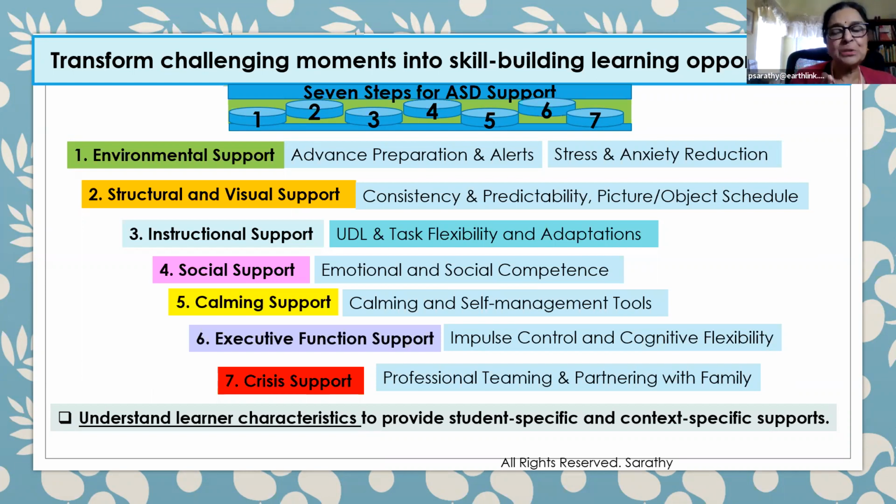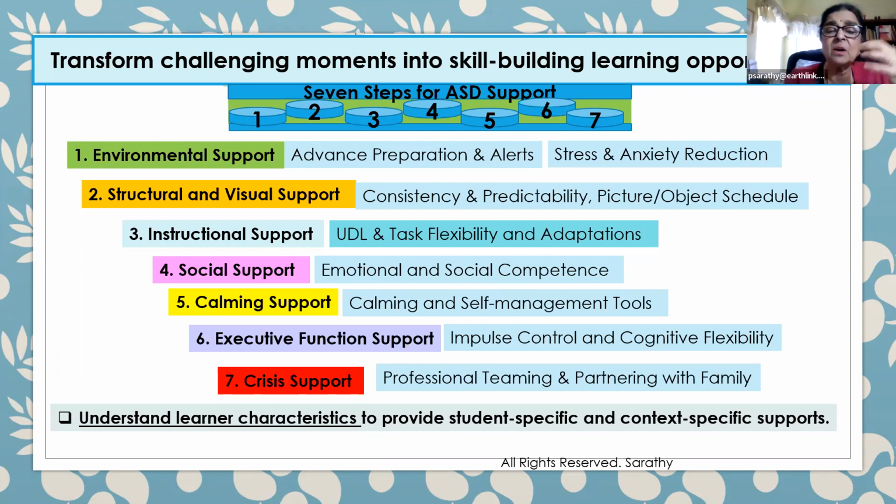In order for the student to make academic, functional, and social gains, you want to provide support during instruction through task flexibility, making adaptations, reducing the complexity level, and applying and implementing universal design for learning principles. I will illustrate each one of these in greater detail in the forthcoming slides.